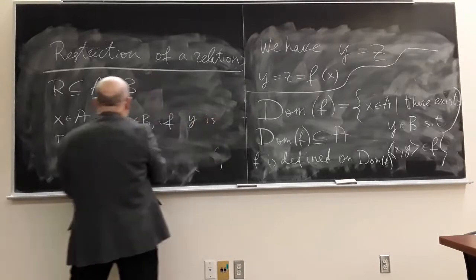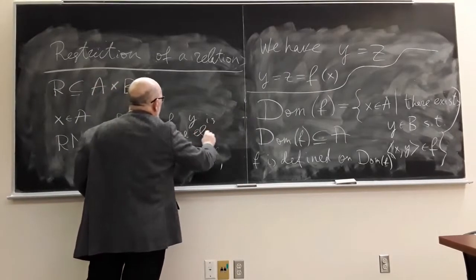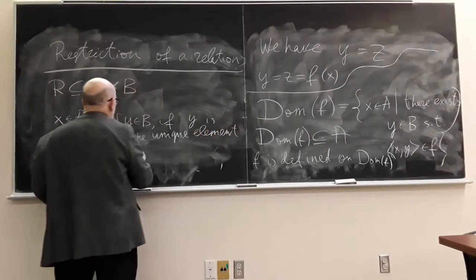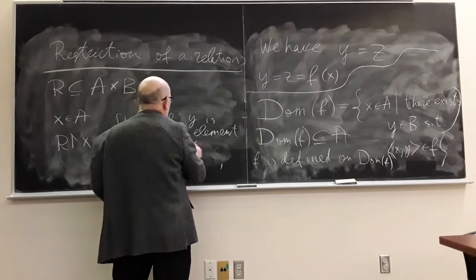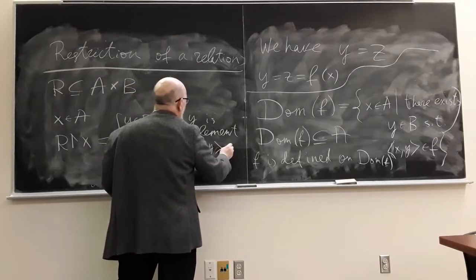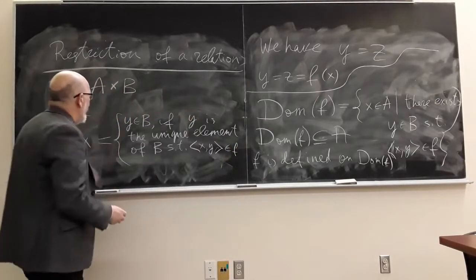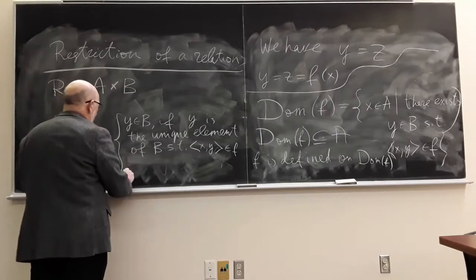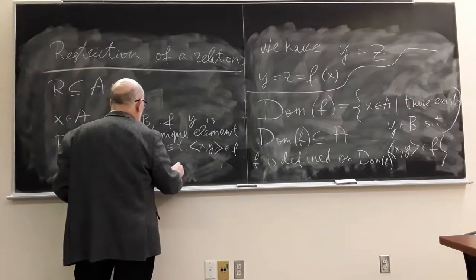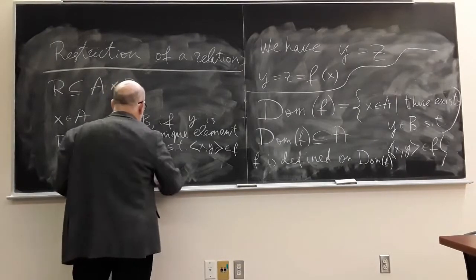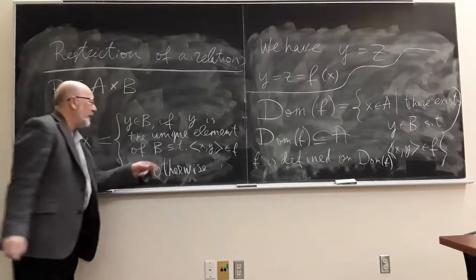y is the unique element of B such that the pair (x, y) is an element of R. In this case, it is y. And otherwise, it is an empty set. What does otherwise mean?